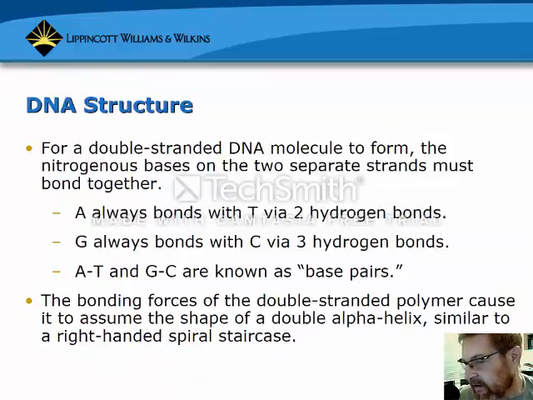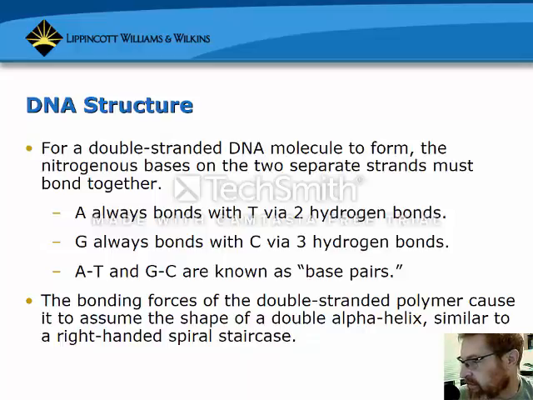Now, hopefully, this is a bit of a review material, but with your bases, an A is always going to pair with a T, and a G is always going to pair with a C. And so those AT, CG are base pairs, and to take those base pairs apart, with an AT base pair, you have to break 2 hydrogen bonds, and with the CG, you need to break 3 hydrogen bonds.